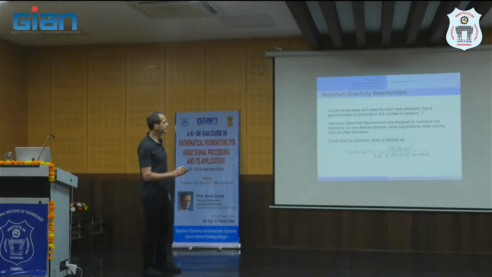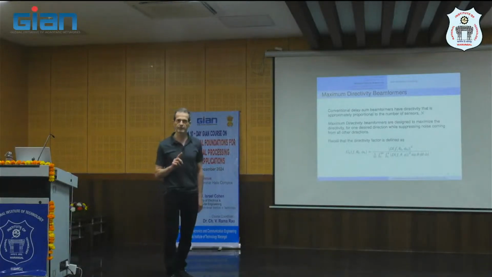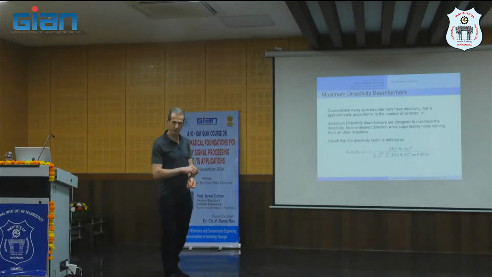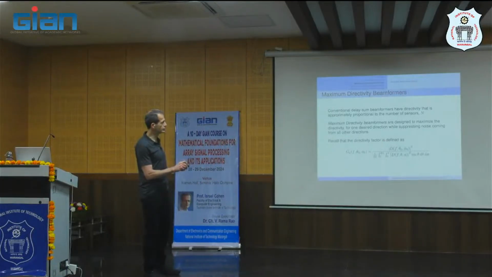We will talk about it maybe later. So how do we maximize this? We need to choose the weights of the beamformer such that this ratio, the array gain for diffuse noise, which is the directivity factor, will be maximum.